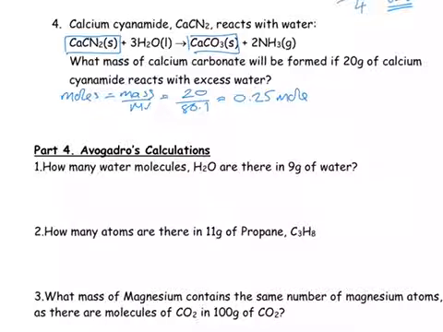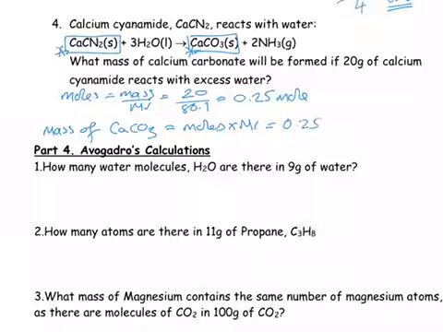So if I start with 0.25 moles of this, I'm going to get 0.25 moles of this. So if we work out the MR of calcium carbonate, then we can work out its mass, which works out at 25.0 grams.